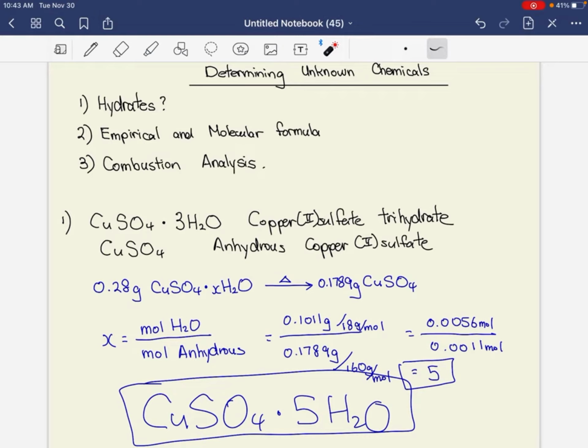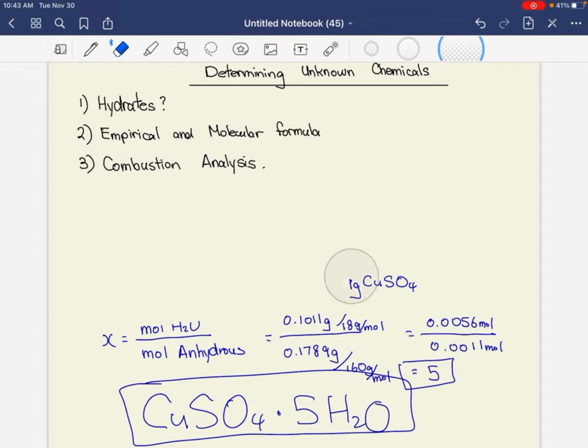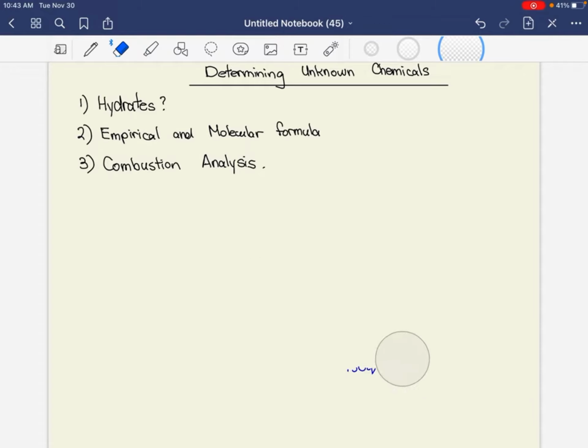Okay? Alright, let's take a look at the second item here. The second item is based on empirical and molecular formula. Okay? Given percent composition.